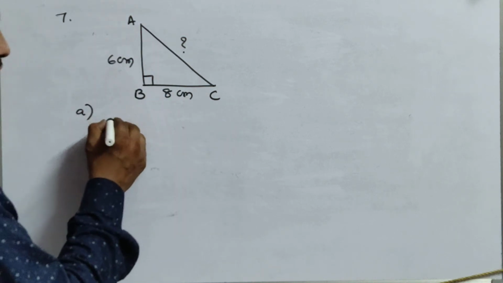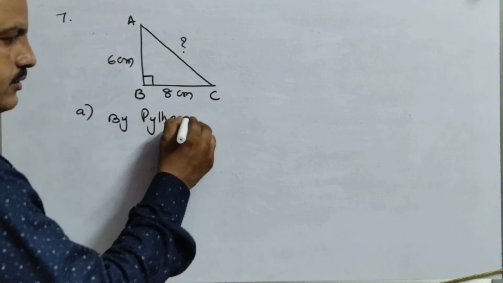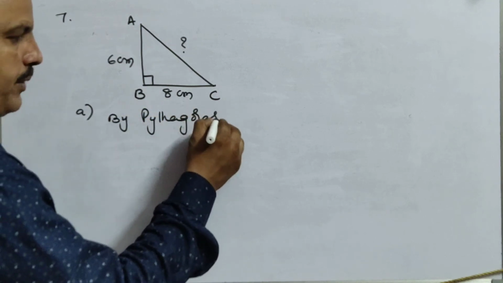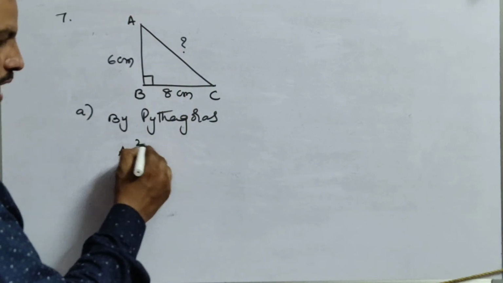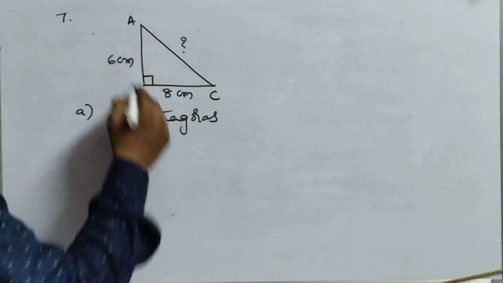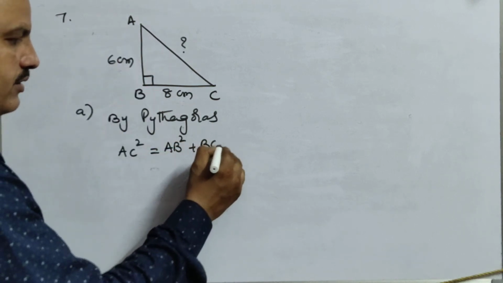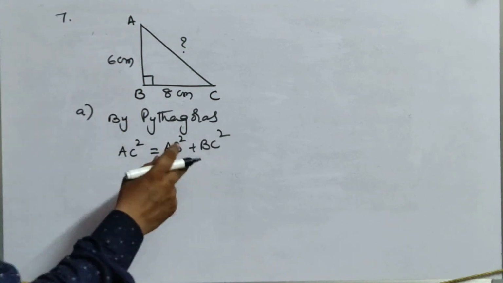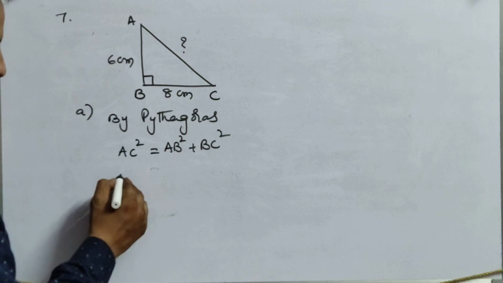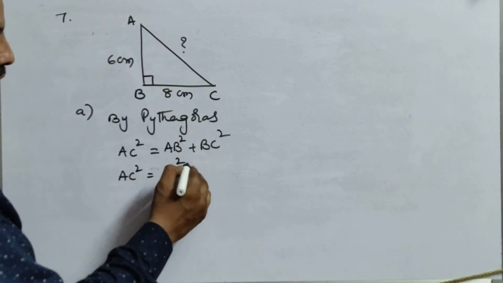Now, as I told you, by Pythagoras theorem, AC square, that means hypotenuse square, equals AB square plus BC square. AC we don't know. AB we know, that is 6 square.